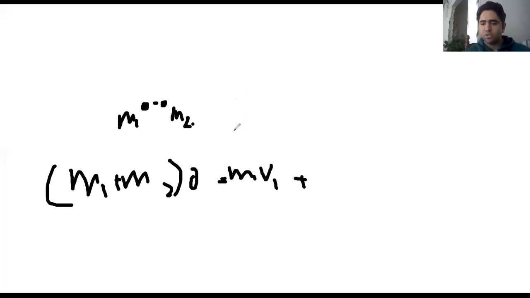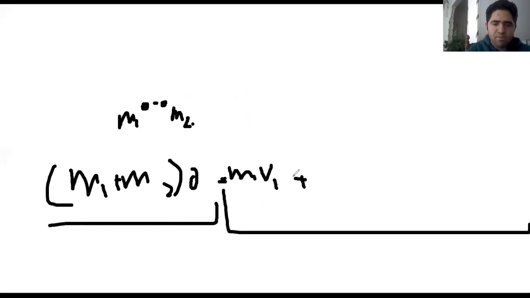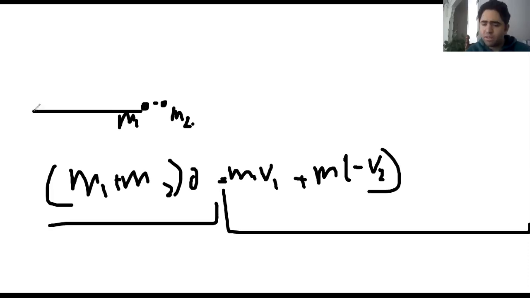This is after the collision. So boom, this is before, this is after. So M V1 plus M times negative V2. This one is moving, I said this is positive, and I said this is negative, so I'm saying negative V2. That's not a problem.